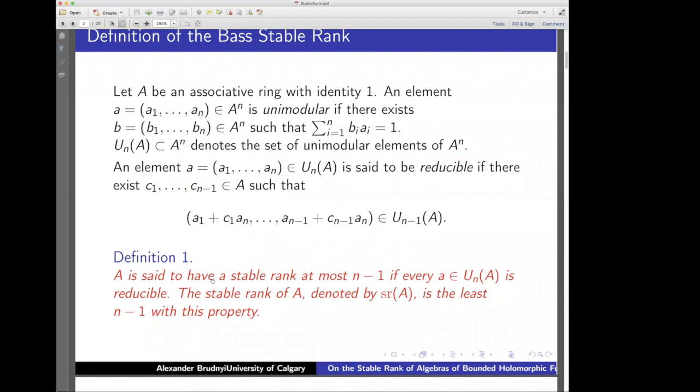Now, the stable rank by the definition will be at most n minus 1 if every unimodular element from U_n is reducible. And the stable rank, denoted as sr(A), is the least n minus 1 satisfying this property. Okay.